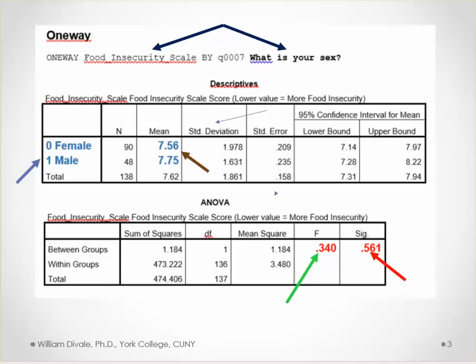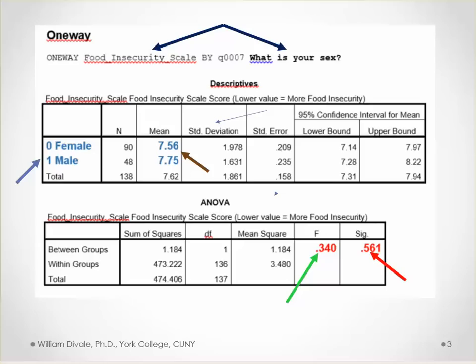So if we look at the blue arrow on the left, we see we're comparing two groups, females and males. And the brown arrow showing the column of the mean scores, that means the average scores. For females, the average food insecurity scale score was 7.56, and for males it was 7.75.